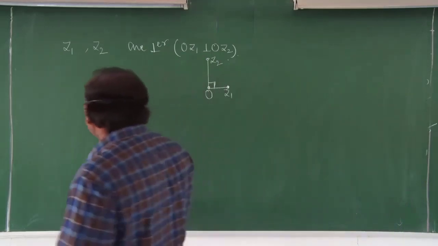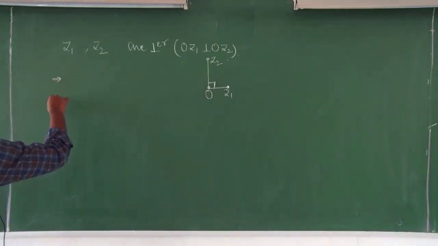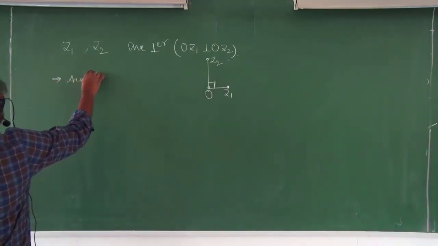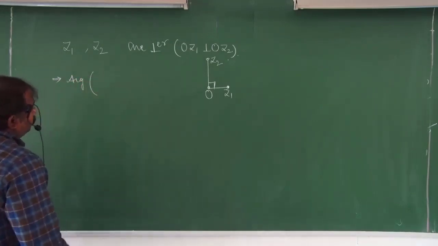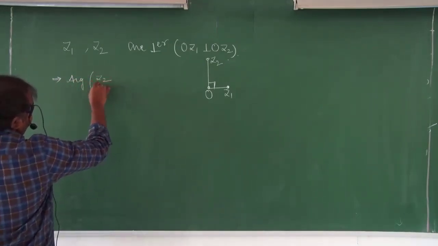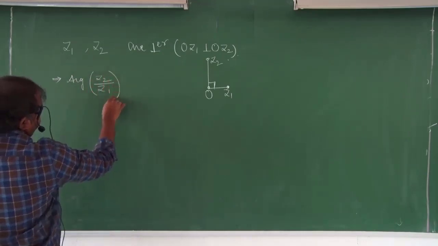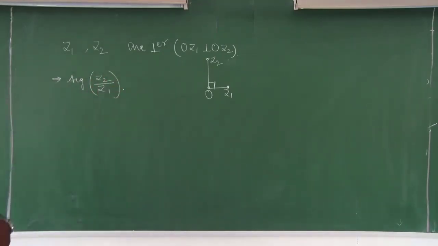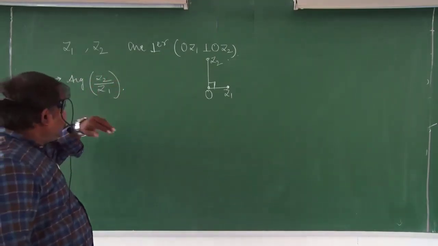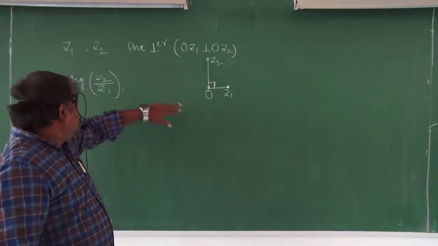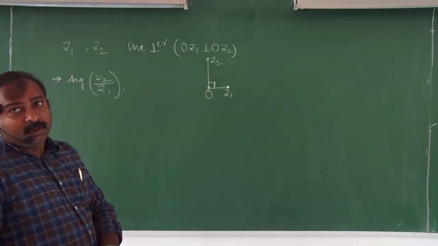Listen, ma'am. That implies if I calculate the value of the argument of Z2 minus 0 by Z1 minus 0, what is the value?